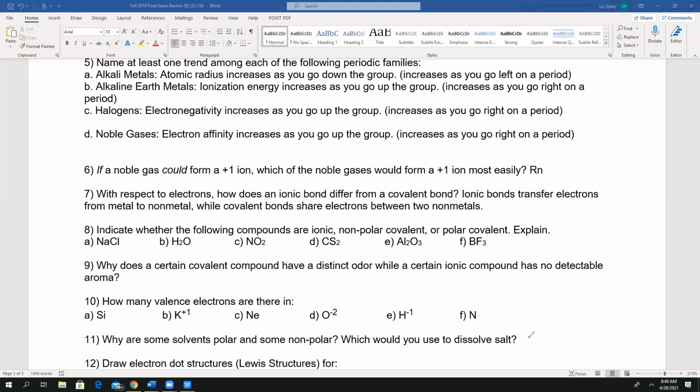Now, why does a certain covalent compound have a distinct odor while a certain ionic compound has no detectable aroma?